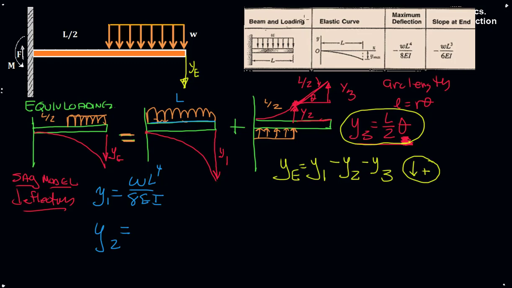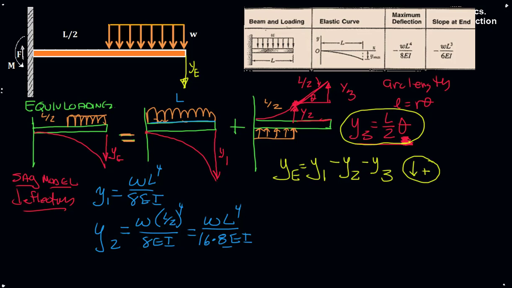And Y2, we can also use this formula, except we're going to apply it for L on 2. With that, we'll get W L on 2 to the fourth over 8EI, which will be WL to the fourth over 16 times 8EI. And for now, I'll just leave it like that.